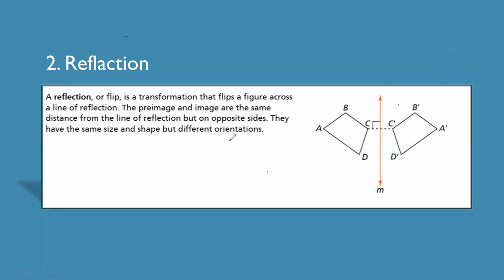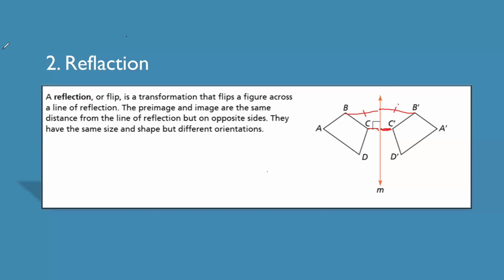No. Sometimes it is the y-axis or x-axis or a different line. How do I know which line? The distance between any point to this line must be the same distance from the line to the image of this point. So the distance from C to this line is the same as from the line to C prime. Also the distance from B to the line of reflection is the same as the distance from B prime to my line. So they are equal.